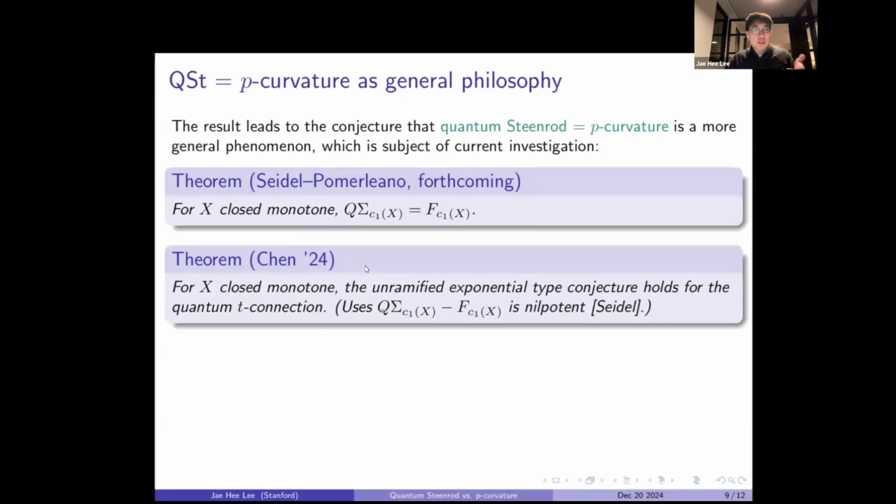It uses at some point, very crucially, some slightly weaker version of the Seidel-Pomerleano theorem, and more observations regarding this quantum key connection, which is related to the quantum connection. The reason this is so remarkable is that this is a result that is purely in characteristic zero symplectic geometry, but the method goes through characteristic P methods, in particular through this quantum Steenrod equals p-curvature relationship.